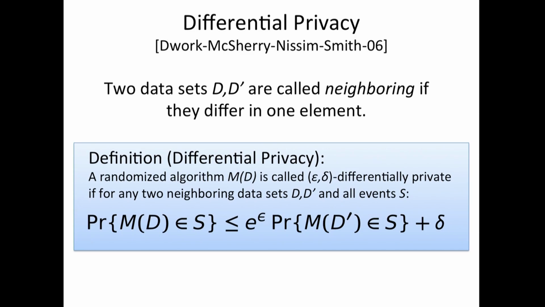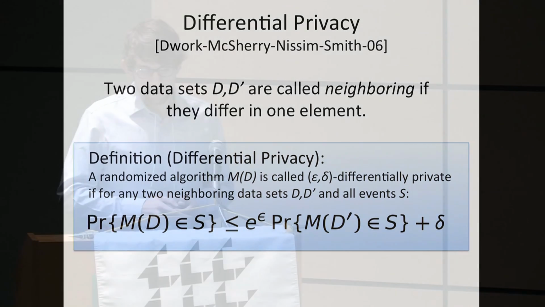You know this constraint very well, but the point here is that the algorithm must be randomized. Our algorithm so far is not randomized, so there's no way it could satisfy differential privacy. We have to add some randomization to get differential privacy.